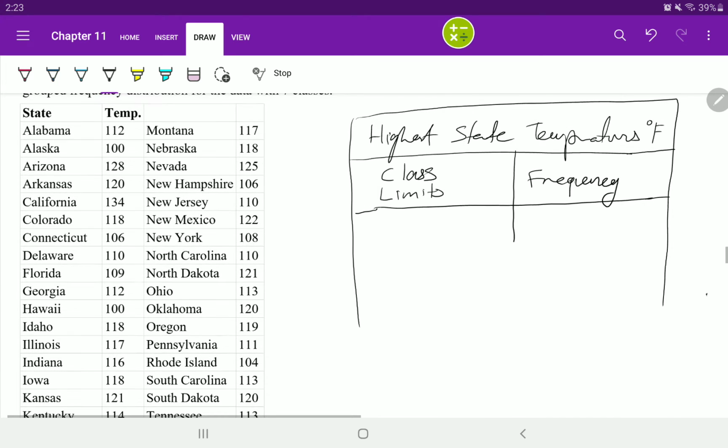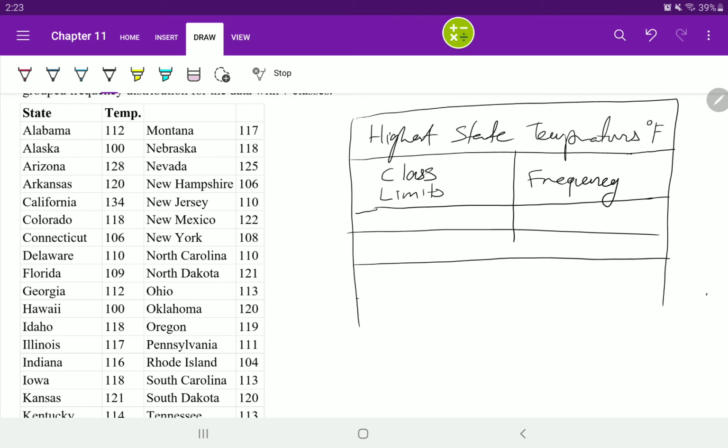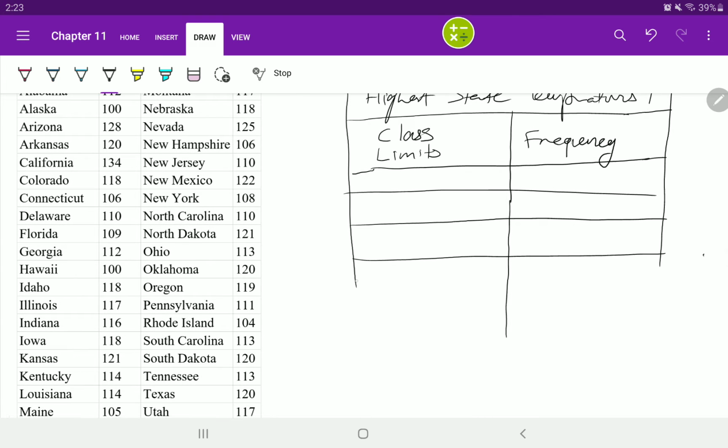Now, because we want to have 7 classes, that means we need to have 7 rows for data. And the last row, which will be the 8th row, will be for a total.